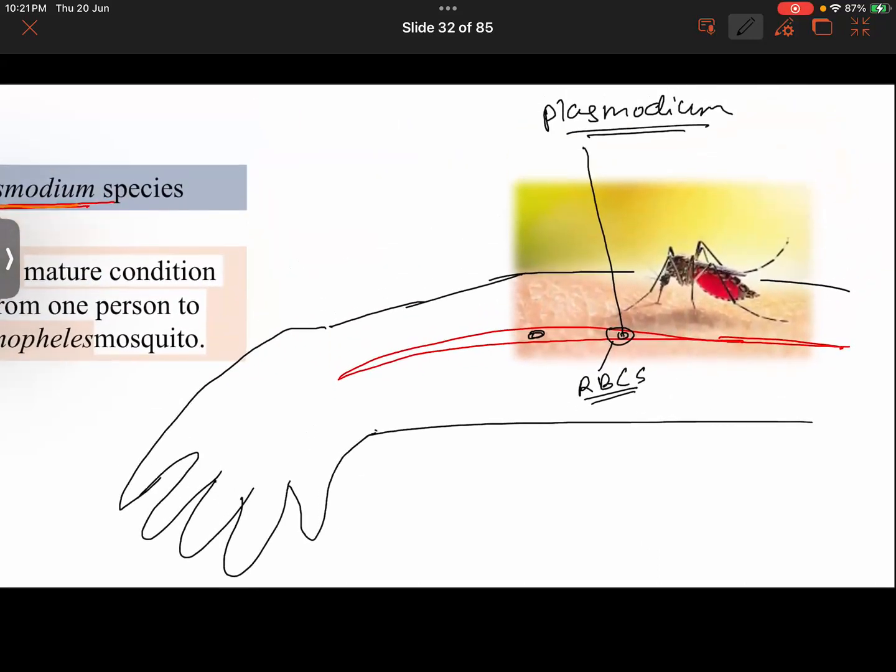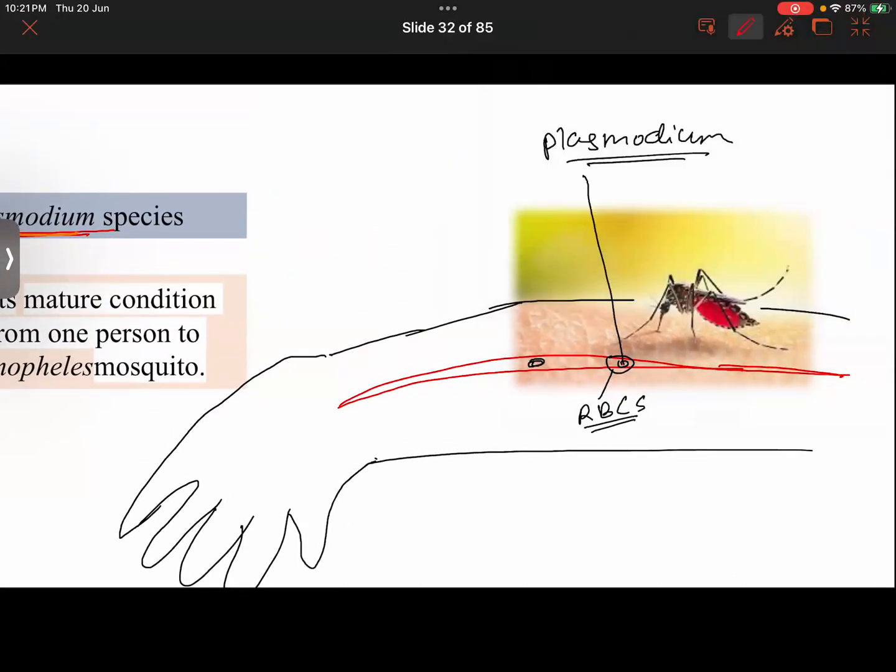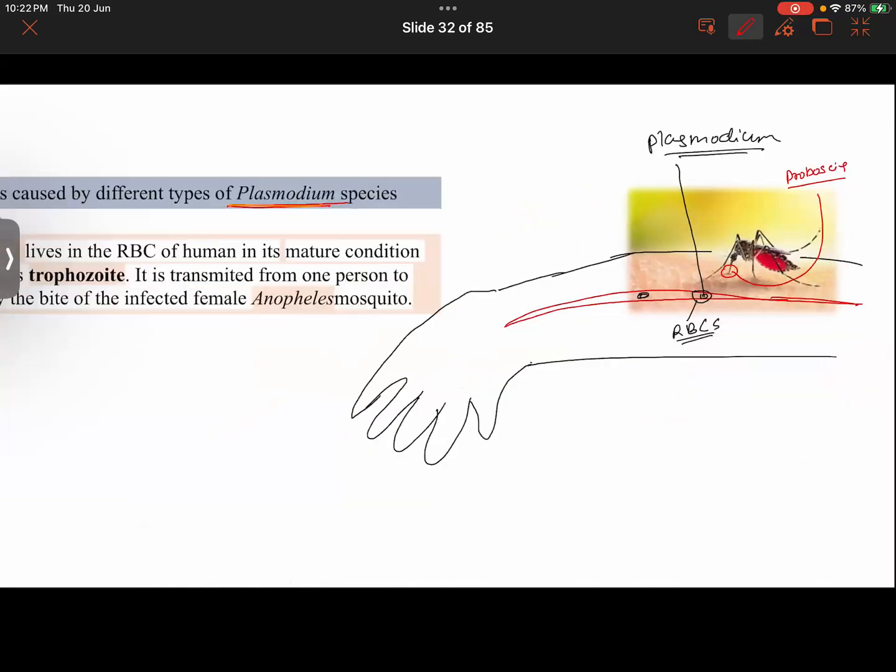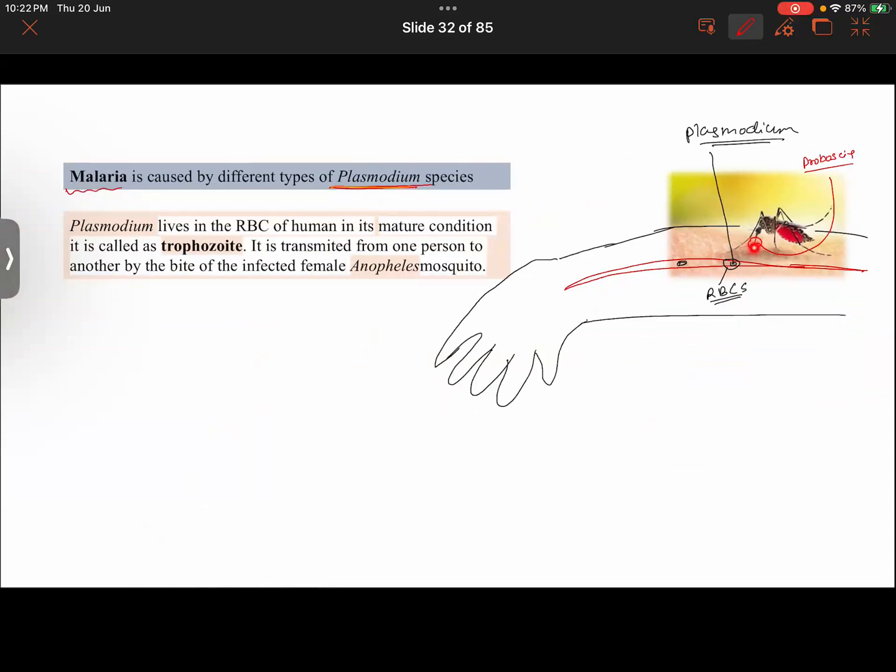You understand what a proboscis is? Basically the mouth, the pipe by which it sucks the blood. So he would be sucking it via his proboscis, and it would get infected with this Plasmodium protozoa.